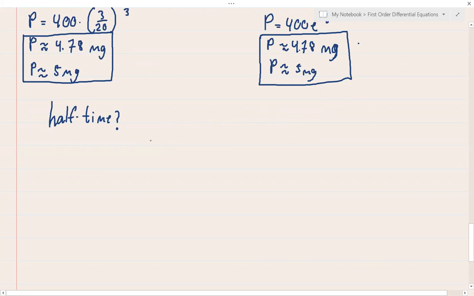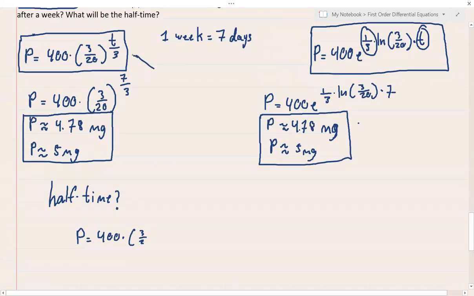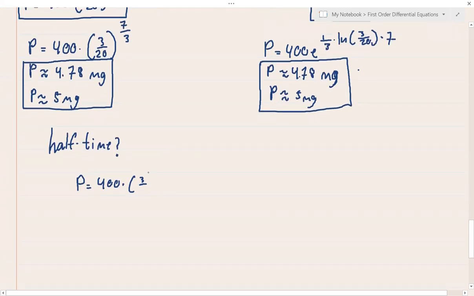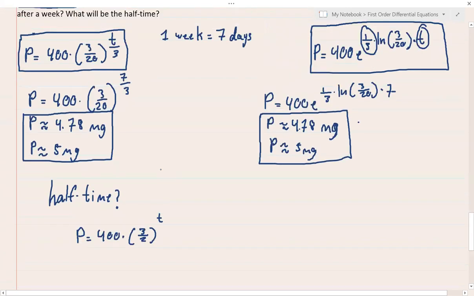Okay? Ulitin ko, ang half time is a specific period of time wherein the amount present is half of the initial amount. So, ibig sabihin nun, sa formula natin kanina, ano yun, di ba? 400 times, ano yun? 3 all over 20. Ito na lang gamitin ko guys kasi this one is much better para sa akin. So as much as possible, sinisimplify ko na lang. 400 times 3 all over 2 raised to t all over 3.